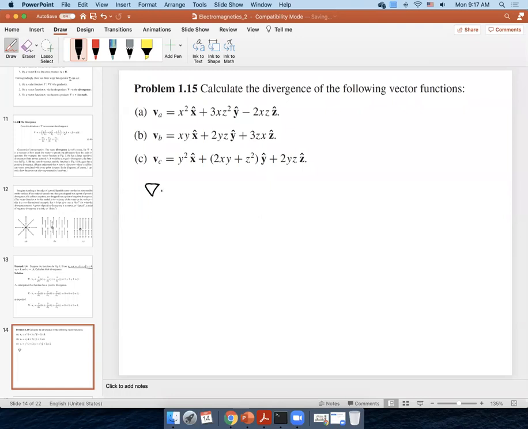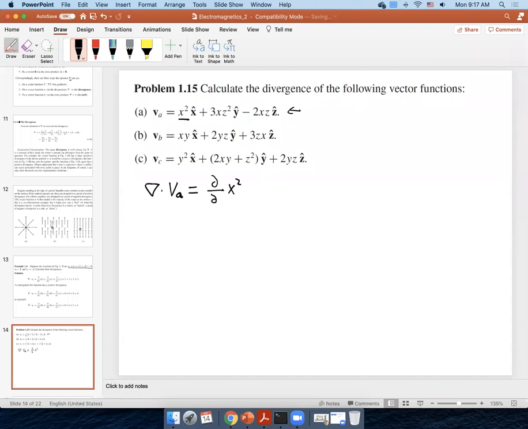Del dot VA. Let's do just this function A, equals to partial x squared.